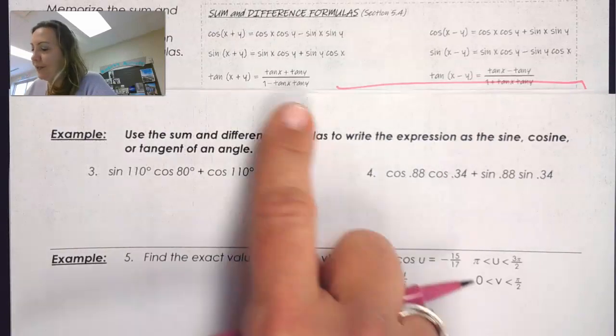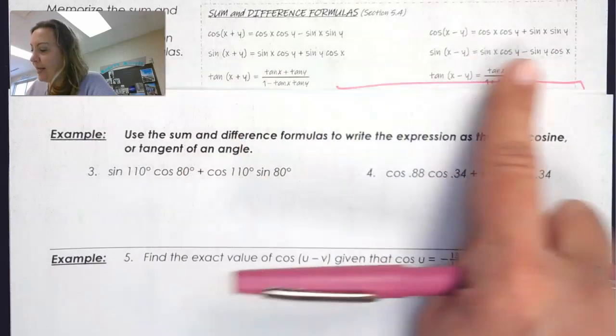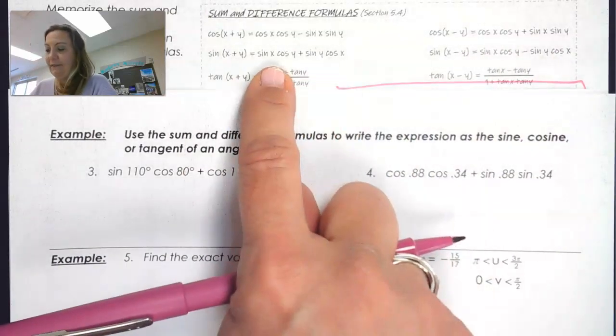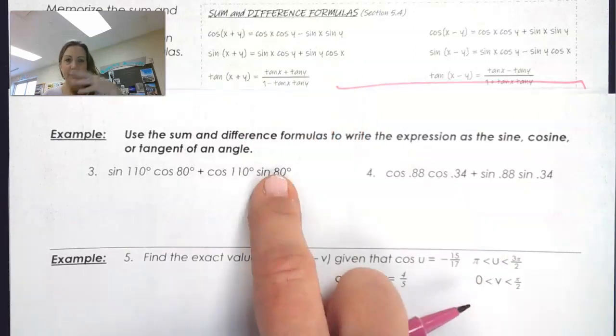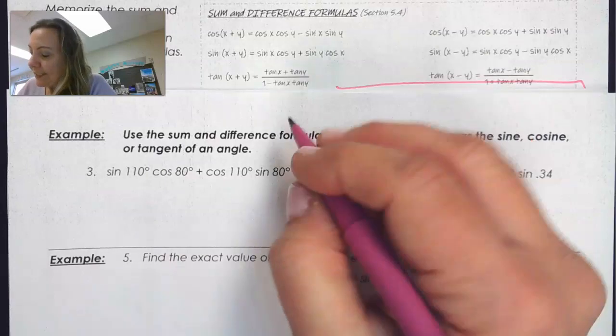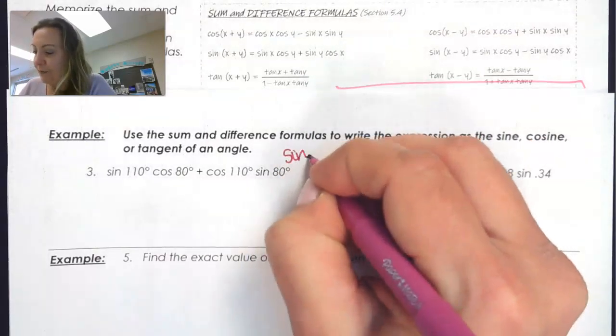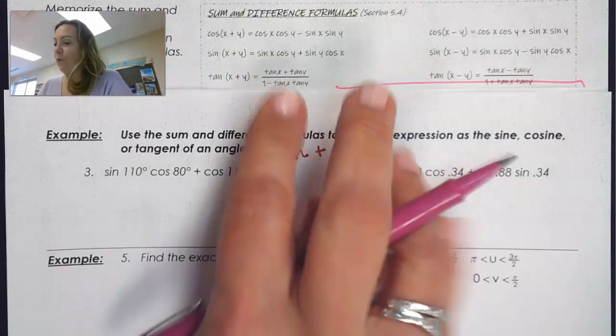So where up here do I see sine cosine plus cosine sine? And I see that that fits the sine. And I know this says sine cosine instead of cosine sine, but remember commutativity, we're fine. So I can see that this is going to be the sine formula and its addition. So what that means is I'm going to work backwards.